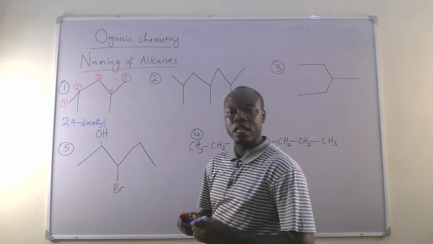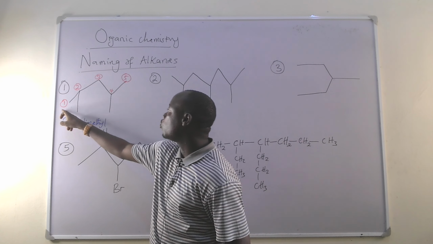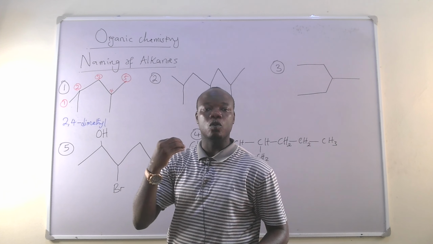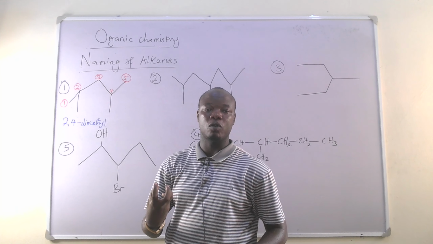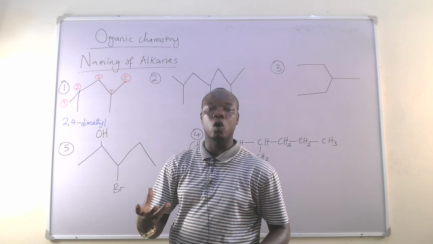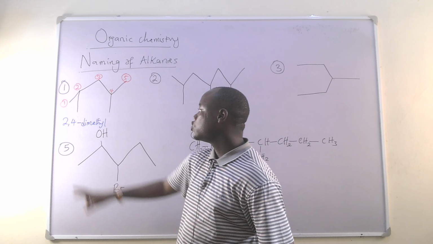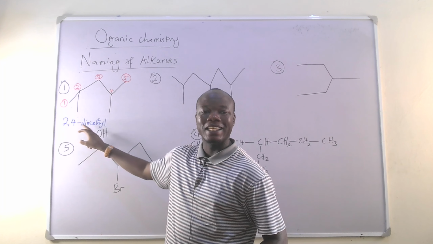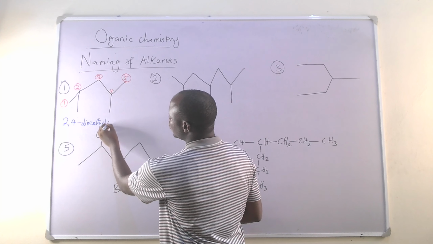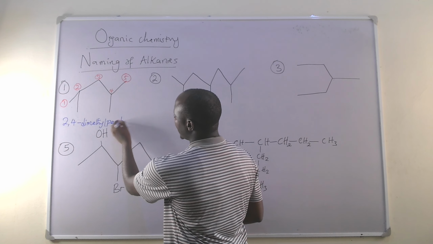The parent compound is 1, 2, 3, 4, 5, so it's 5 carbons. An alkane with 5 carbons is called pentane. So it's going to be 2,4 dimethyl pentane.